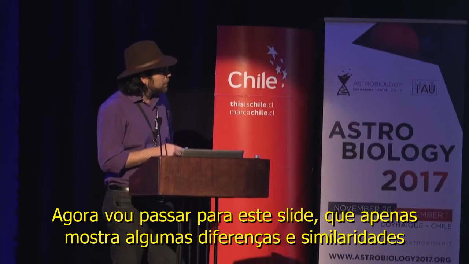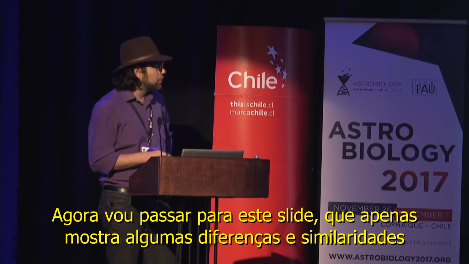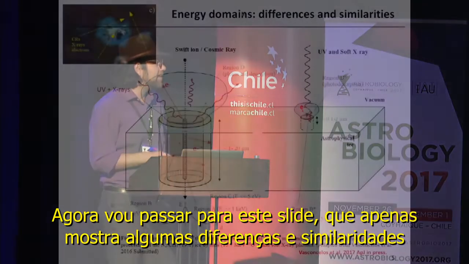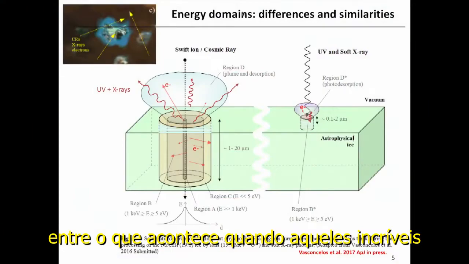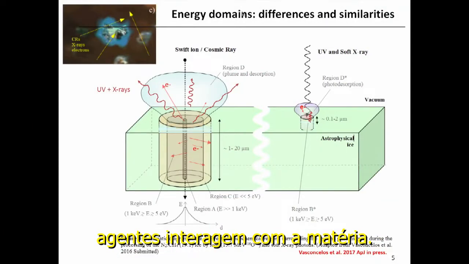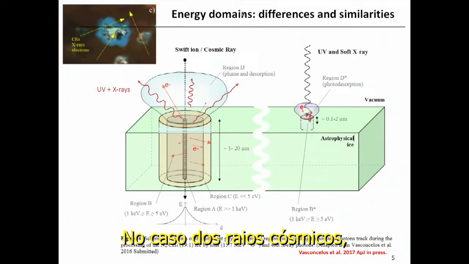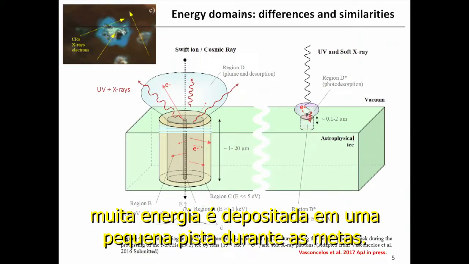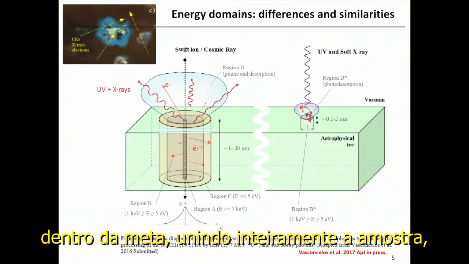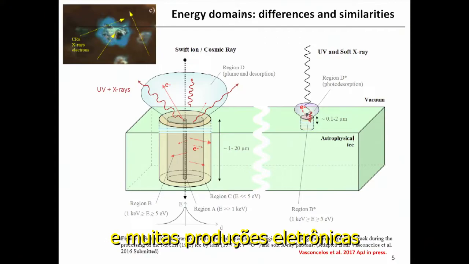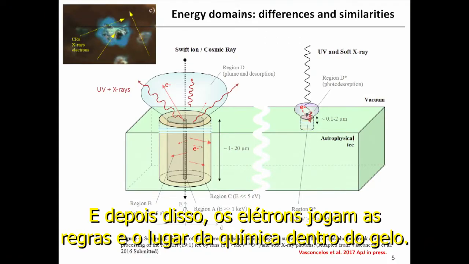Now I will move to these slides just to show you some differences and similarities between what happens when those ionizing agents interact with matter. In the case of cosmic rays, a lot of energy is deposited in a small track inside the target, ionizing the sample entirely. And a lot of electrons are produced.